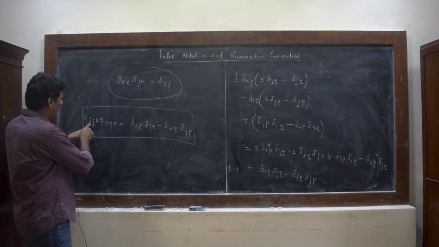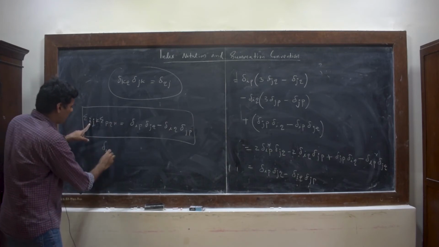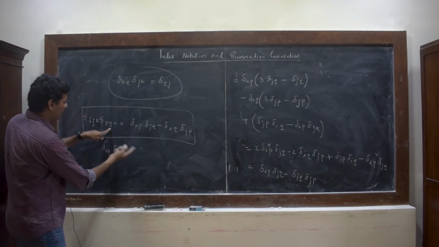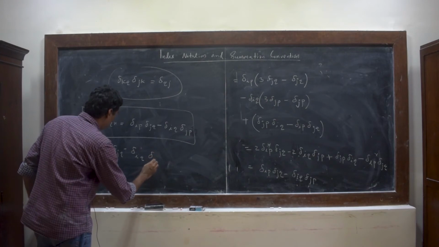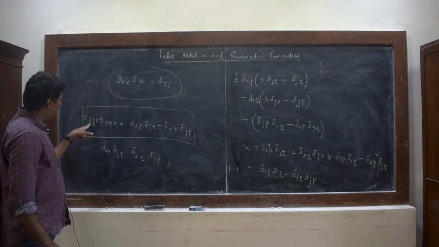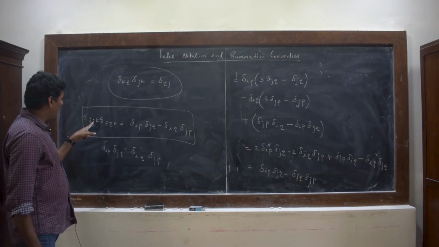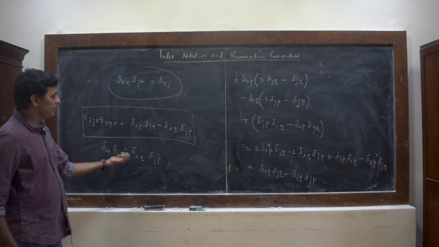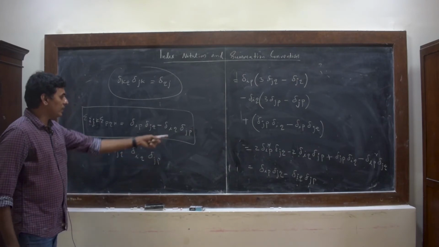You write a delta, the first index is I and the second index is P, and in the second delta the first index is J and the second index is Q, and then you interchange I and J. So you will get delta IP delta JQ minus delta IQ delta JP, and that is the result.